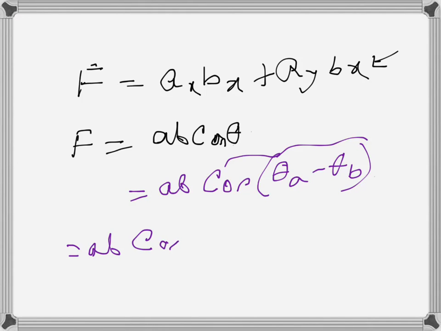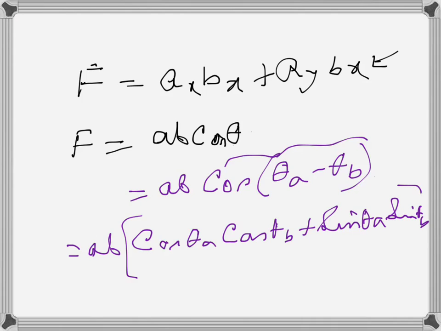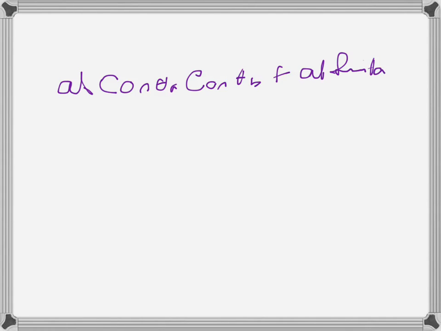That will be cosine theta A cosine theta B plus sine theta A sine theta B. Once we expand it and get rid of the bracket, this becomes AB cosine theta A cosine theta B plus AB sine theta A sine theta B.